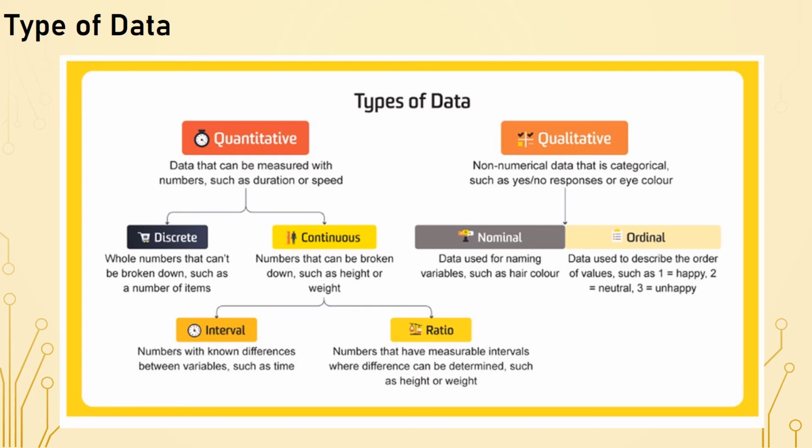That is what is called ordinal. For example, you might have just gone through surveys, where you might have seen strongly disagree, neutral, agree, strongly agree, such order-wise data. That is called ordinal data.